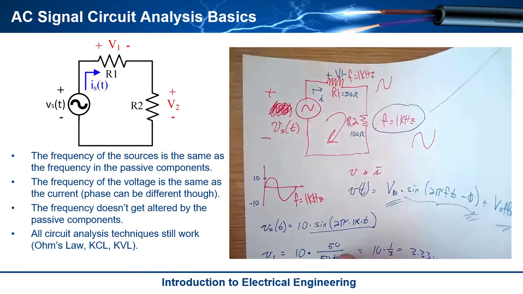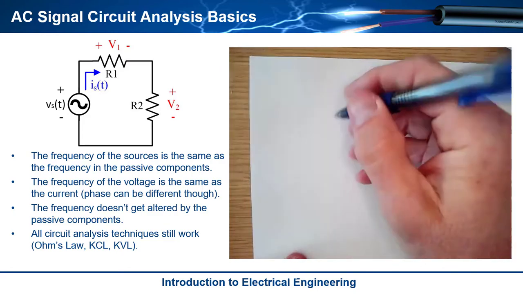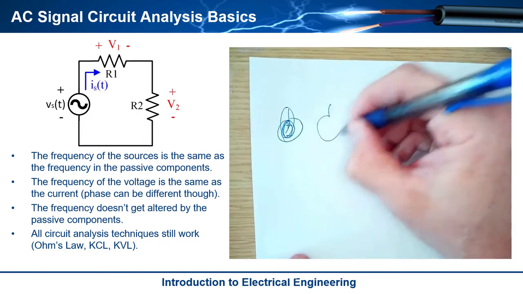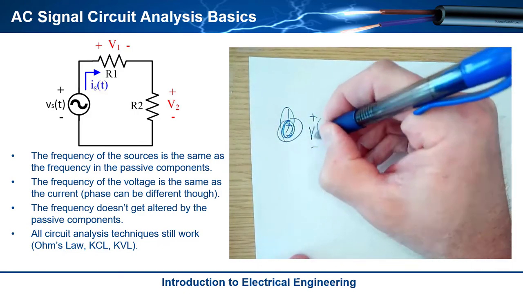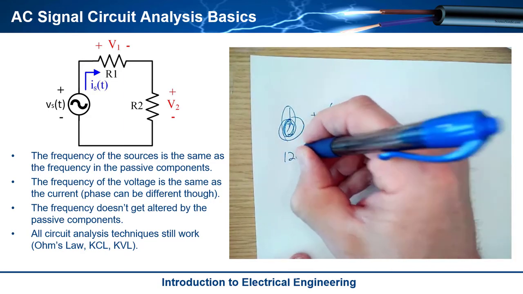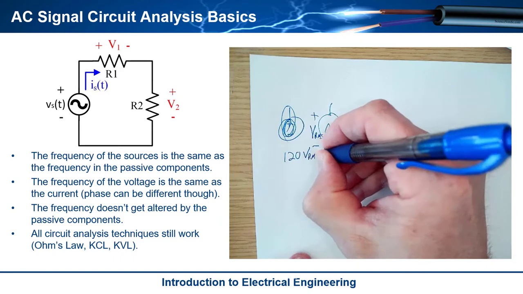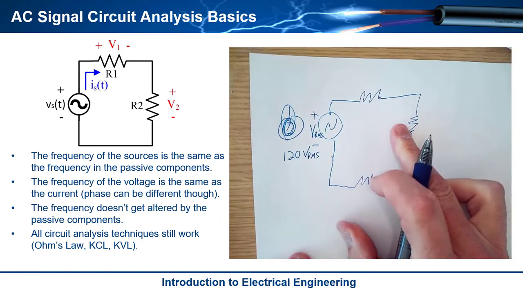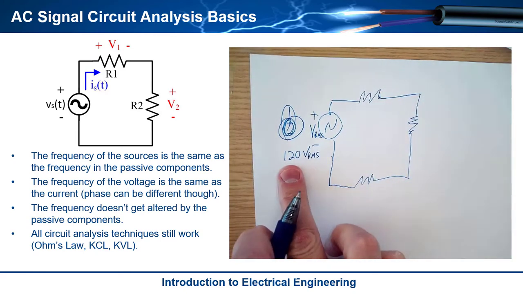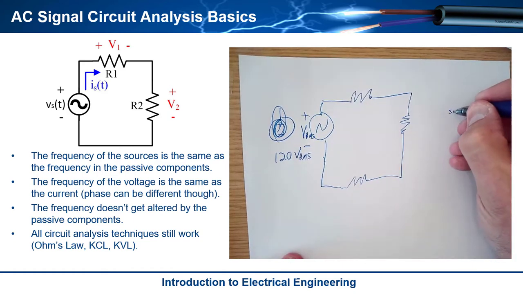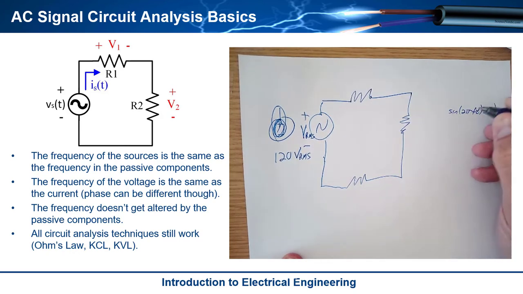So if you came up to a circuit with a sine wave source, plus or minus, and I had VRMS, and that's 120 volts RMS, you could do all that KVL and KCL around this loop using just the RMS voltage, and then you could plug in the frequency later with the whole sine of 2 pi ft minus phi stuff going on.